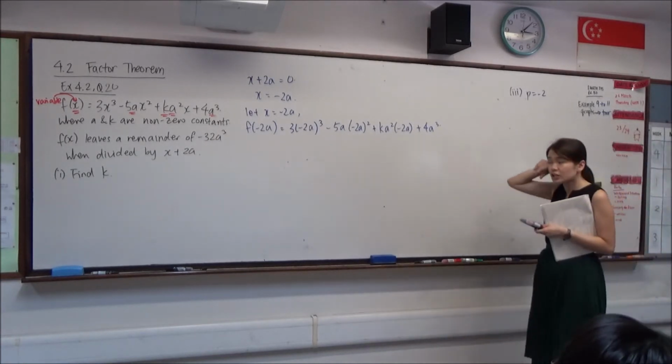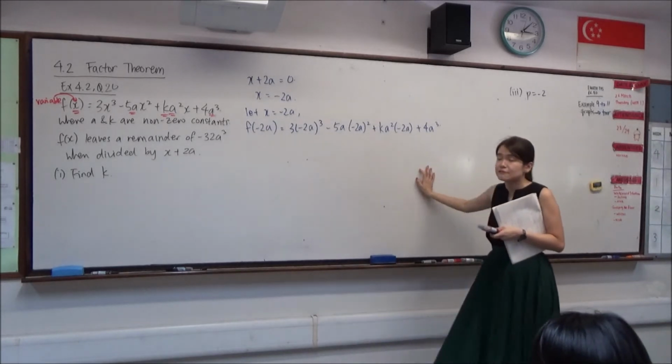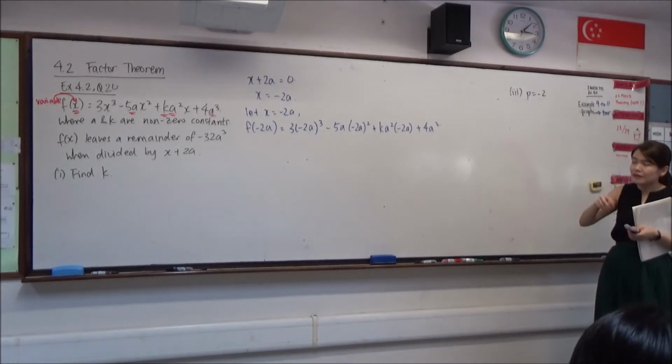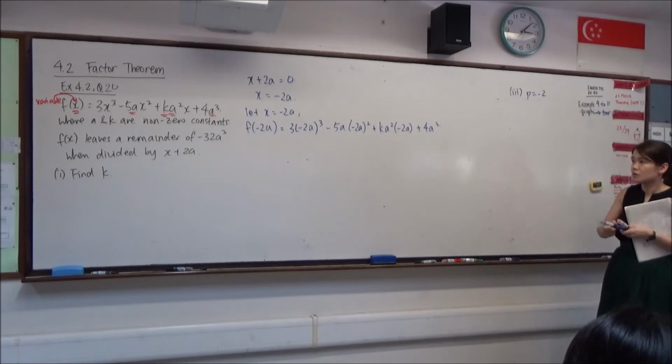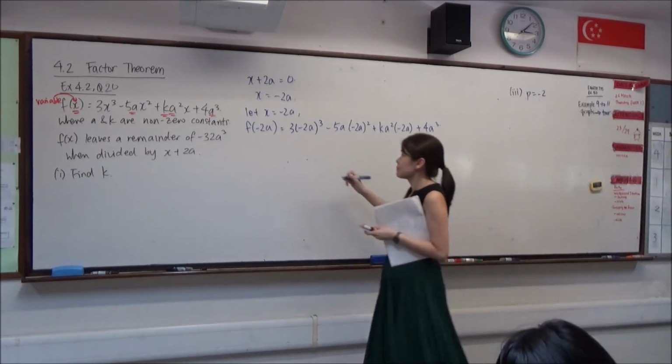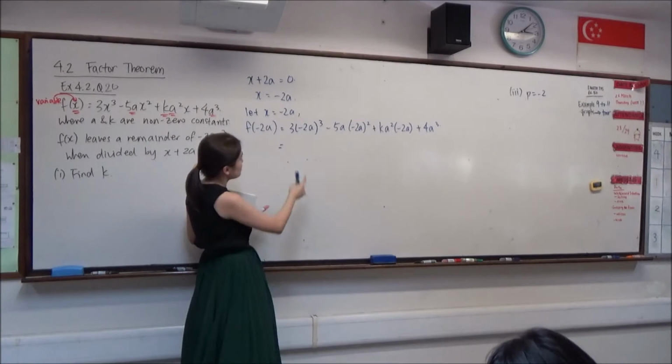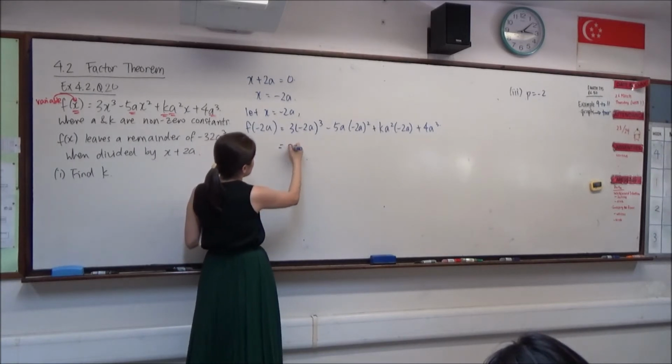The naming of the function makes it very clear for us what to substitute. And we simplify over here, so this will give us negative 8.